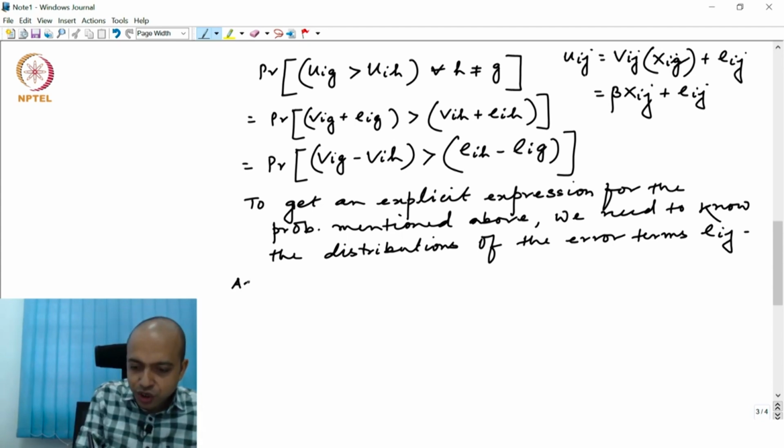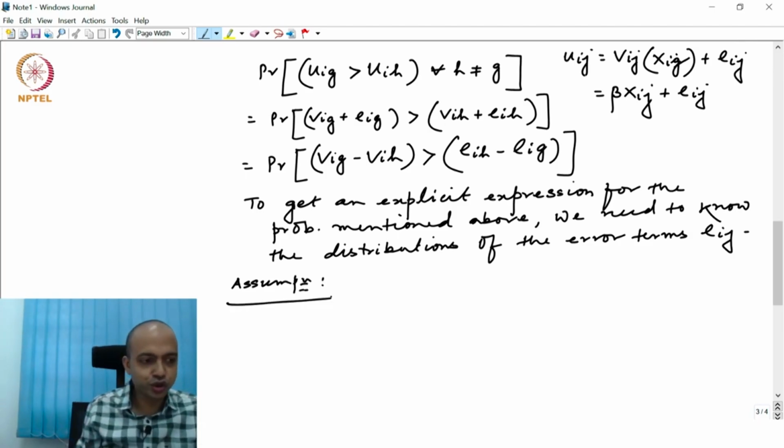Now what is the assumption we make about the distribution? The assumption is that we make some assumption about the distribution.